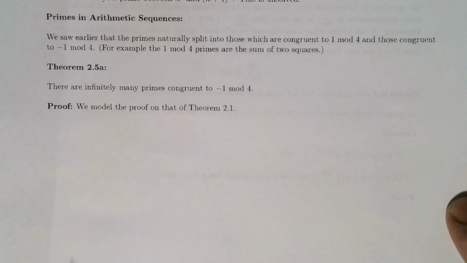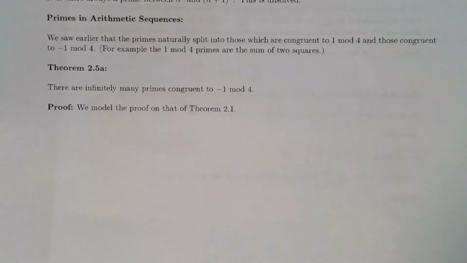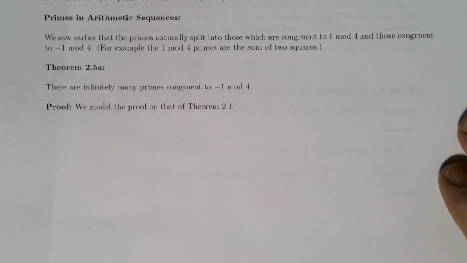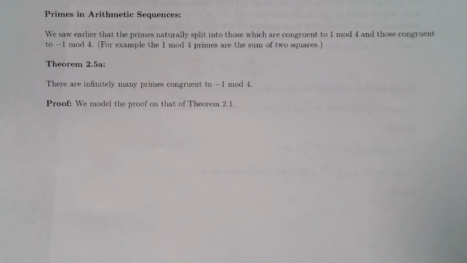Now these two results are special cases of a much more general result called Dirichlet's theorem, and we'll in fact spend quite a long time going through and proving this general result: if you take a general arithmetic sequence in which the first two terms are relatively prime, then it always contains infinitely many primes.